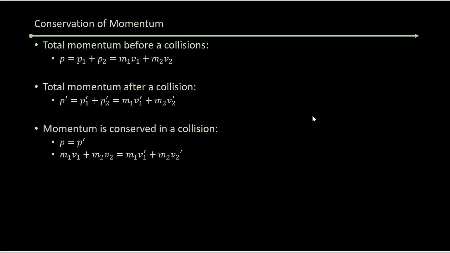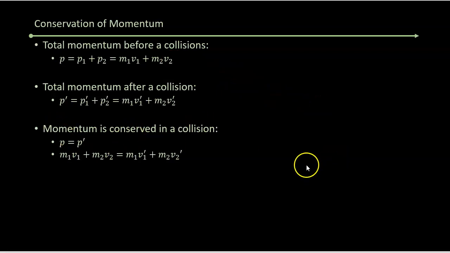Total momentum after a collision, P prime, is P1 prime plus P2 prime, which is just m1v1 prime plus m2v2 prime. And the prime is to say this velocity, v1 prime, is not necessarily the same as that velocity, v1. It's simply the velocity of mass 1 after the collision, just as this is simply the velocity of mass 2 after the collision, and it may be and usually is different from the velocity before the collision.